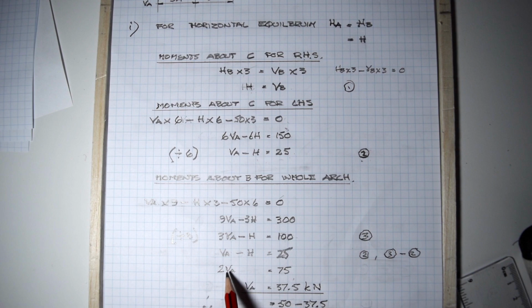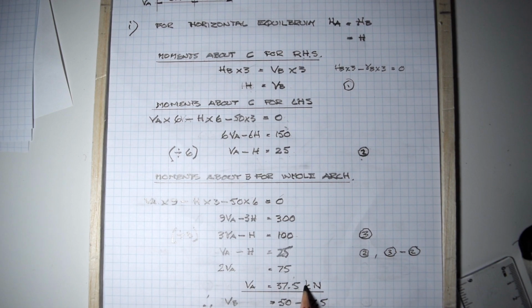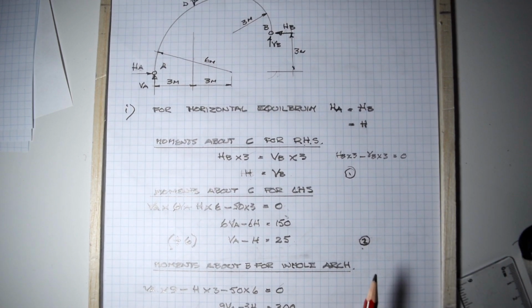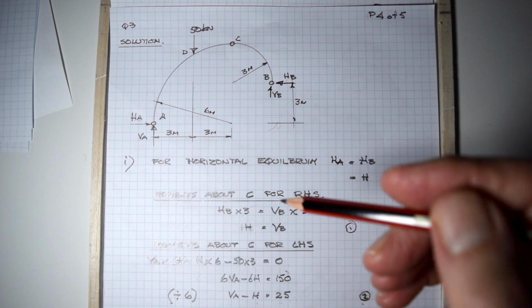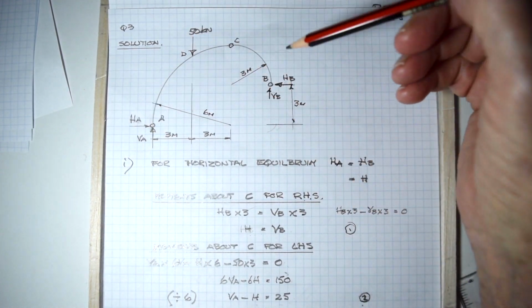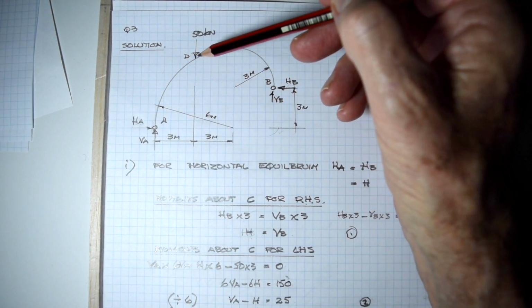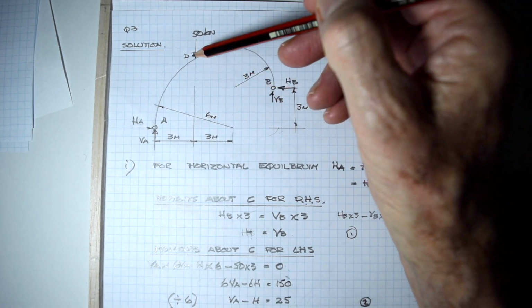So when you divide 75 through by 2, you find that VA is 37.5 kilonewtons. Intuitively, you know that this force VA is going to be much bigger than VB, because the load is to the left of the whole structure.